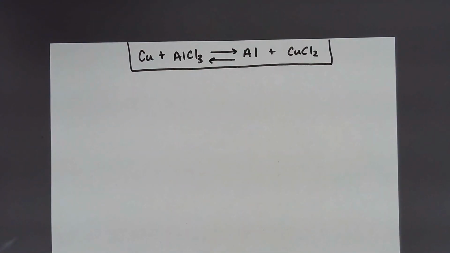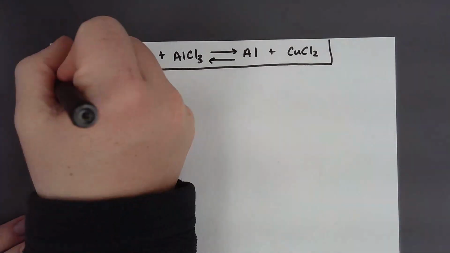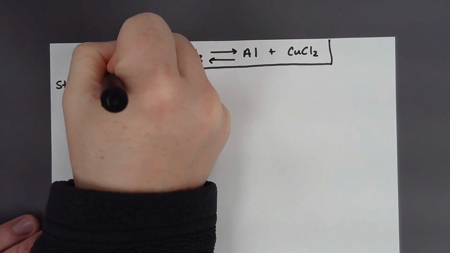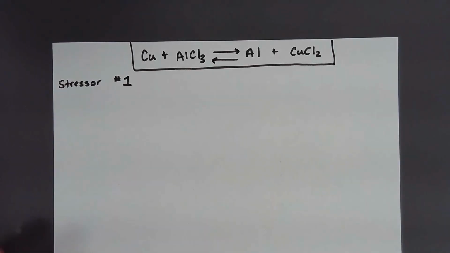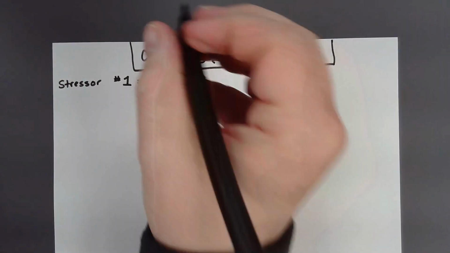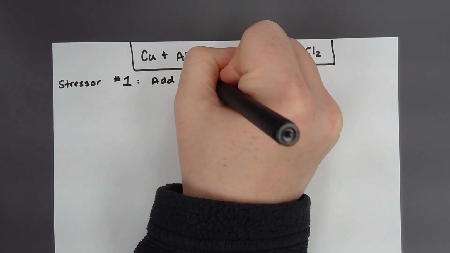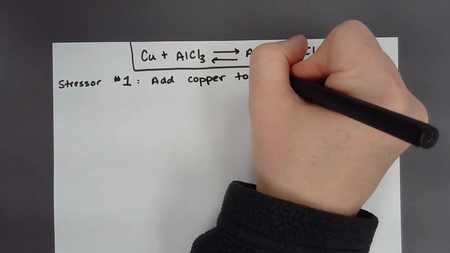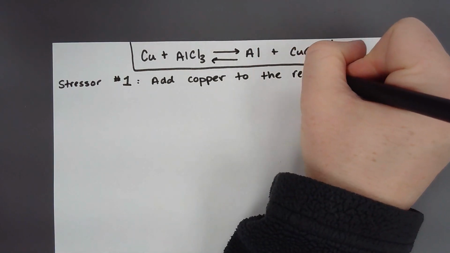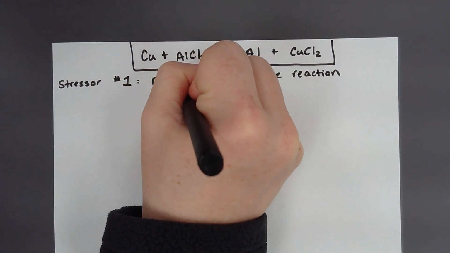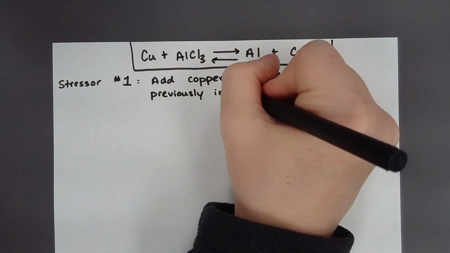We're not going to use any different chemicals, but we are going to add some different stressors. Stressor number 1. We are going to add copper to a reaction previously in equilibrium.